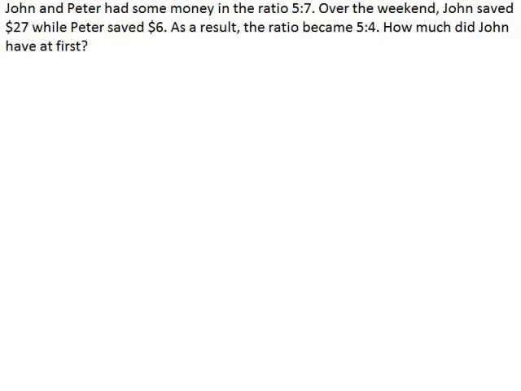For this question, we're looking at the ratio of John to Peter. In the beginning, before there were any changes, the ratio was 5 to 7. Over the weekend, John saved $27 while Peter saved $6.